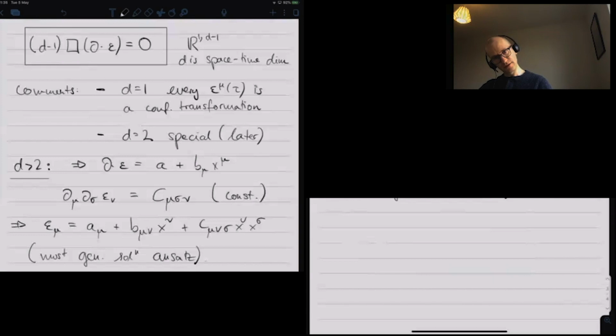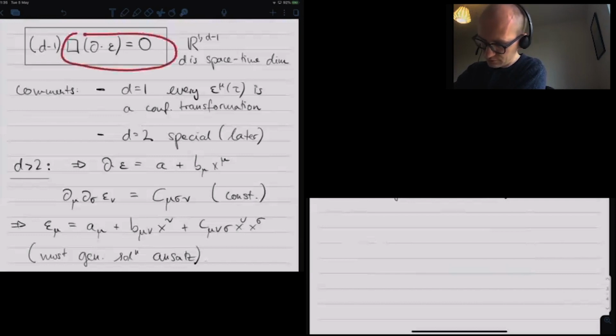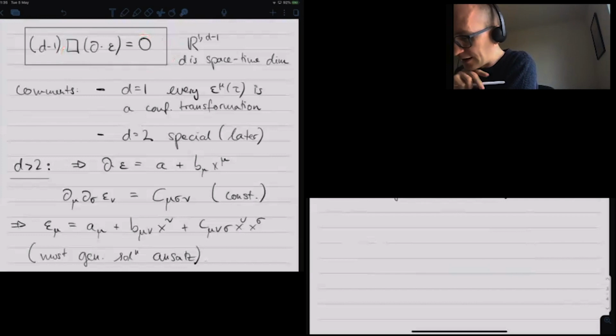Sorry, you're saying in this equation? Yes, this one. You want to write that the divergence of epsilon, let me see.